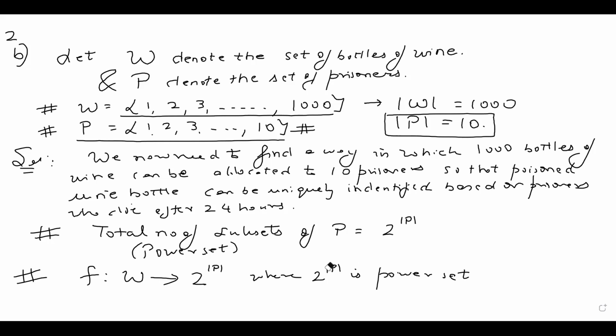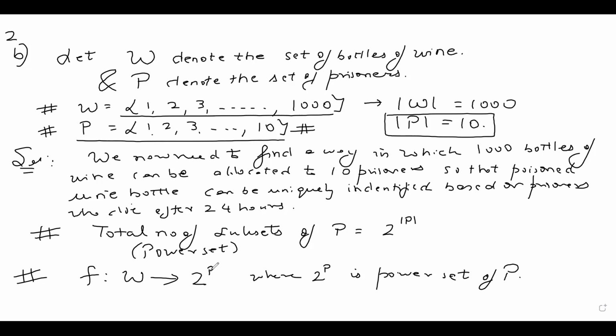Let me not use cardinality here, because that is a number actually. So where P here denotes the number of elements in P only. 2 to the power P is the power set of P, that means the set of all subsets I can make. Because obviously we have a lot of wine bottles, but we have only 10 prisoners. Obviously, every prisoner is going to have more than one bottle of wine.